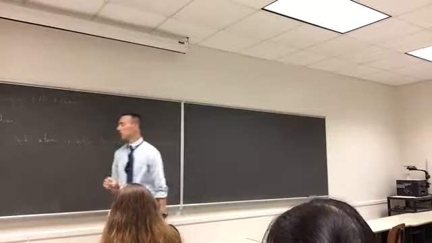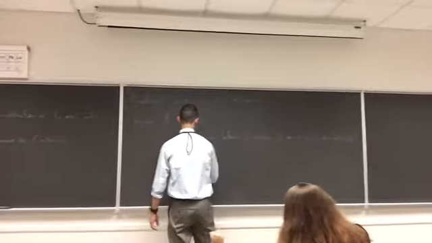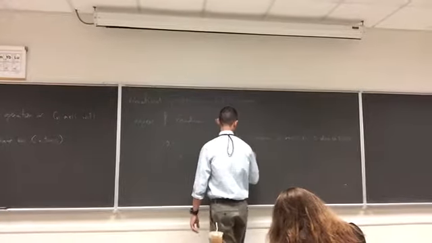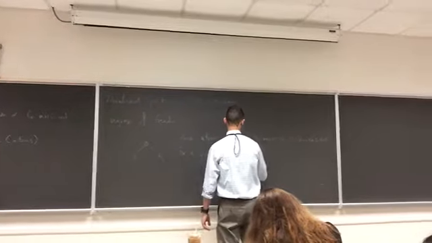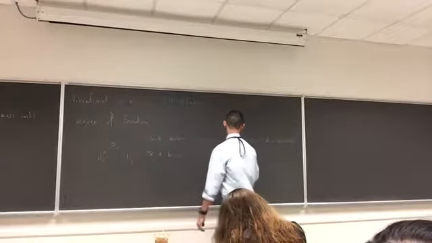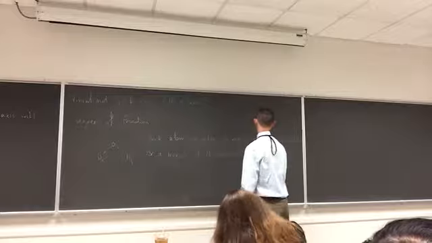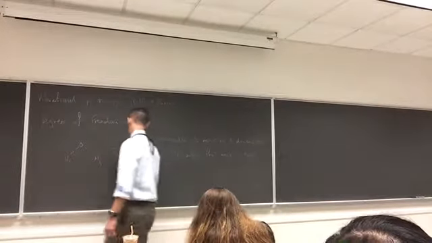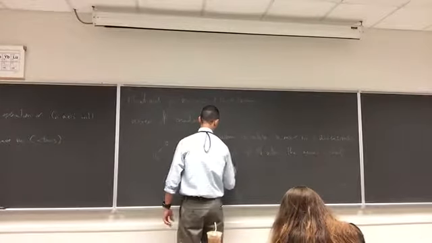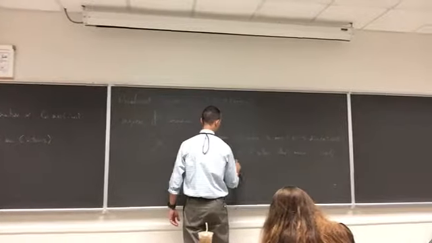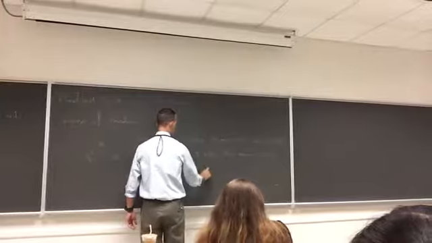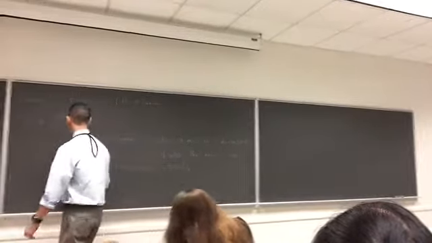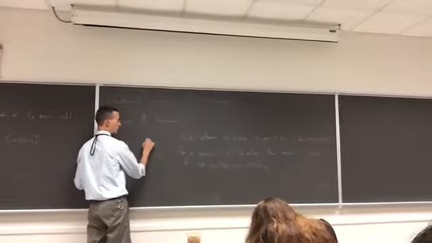So for a molecule with n atoms, that means a total of 3n motions are possible. Okay? Let's just look at the oxygen atom for a second.